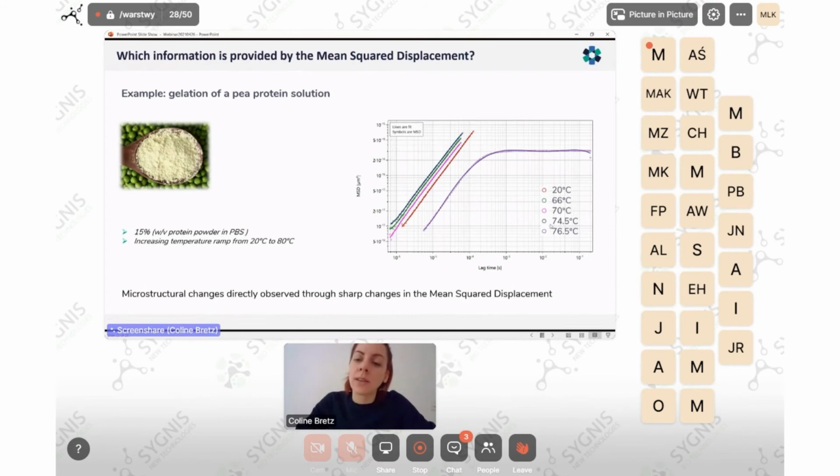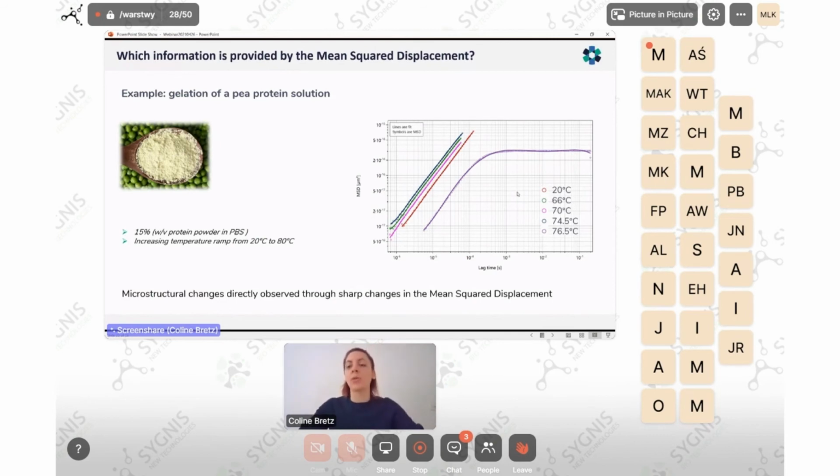So you see that for the 76.5 temperature considered, the mean square displacement shows an increase, again, linear at low lag times. And at large lag times, you see this very strong plateau present here, which means that the particles, again, are trapped within the gel network formed by the pea protein solution at this temperature.